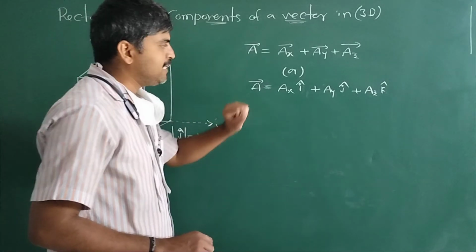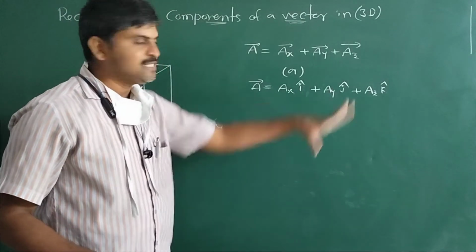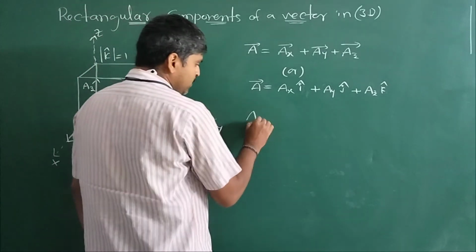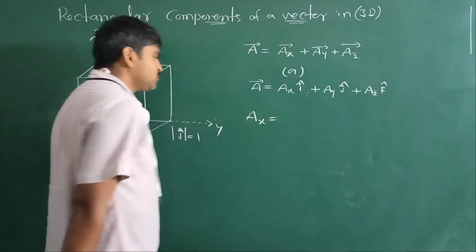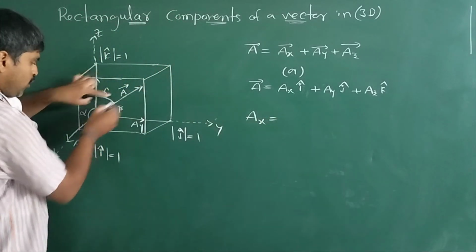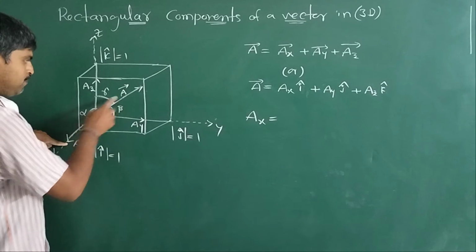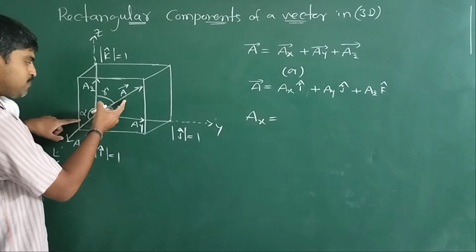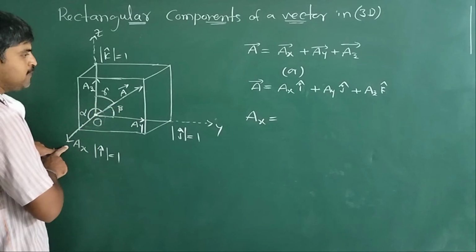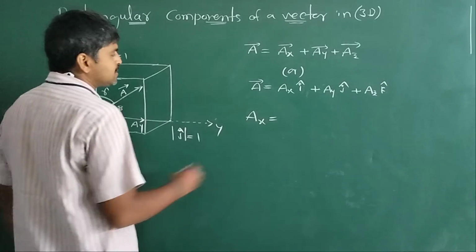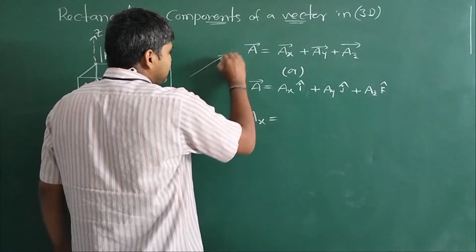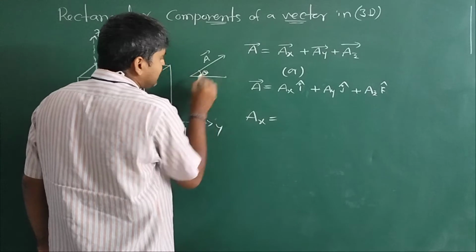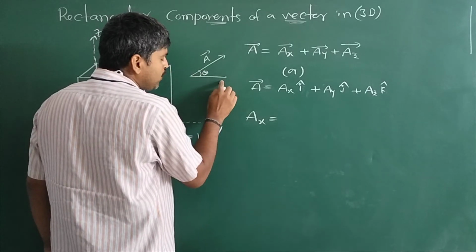Now coming to what is ax, what is ay, what is az. What is ax? Ax is nothing but how much this vector acts in the x direction. First, what is the angle between this vector and the x-axis? Alpha. What I am saying is, this is the a bar vector. This a bar vector makes an angle theta, and this component is how much?